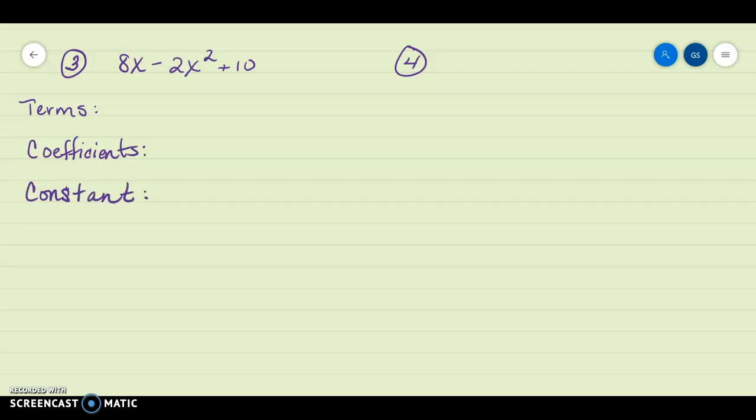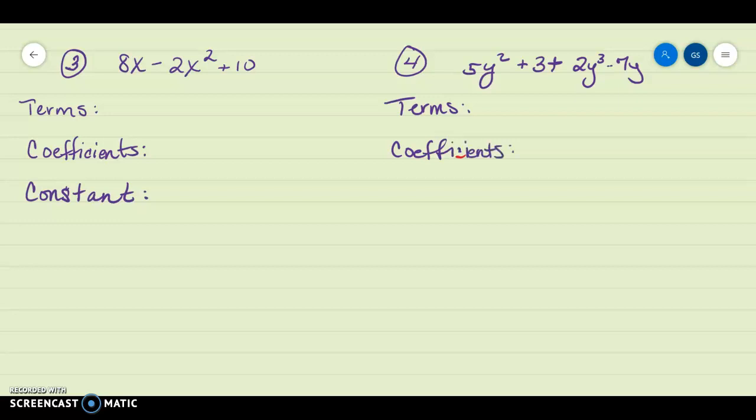Your other example is a nice long one: 5y squared plus 3 plus 2y to the third minus 7y. How many terms, and what are they? Coefficients. And the constant.